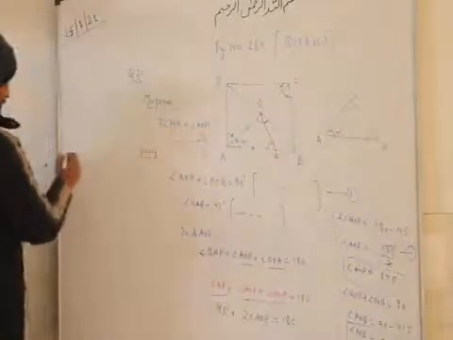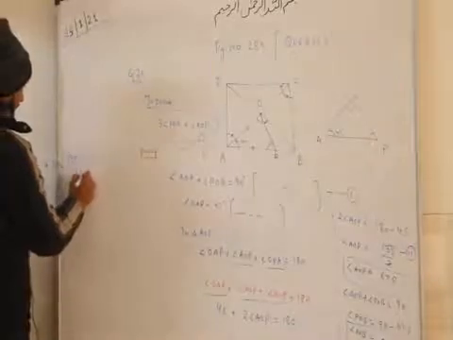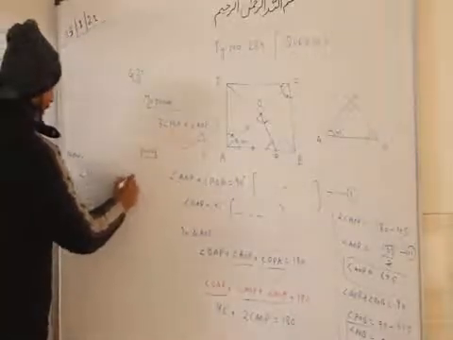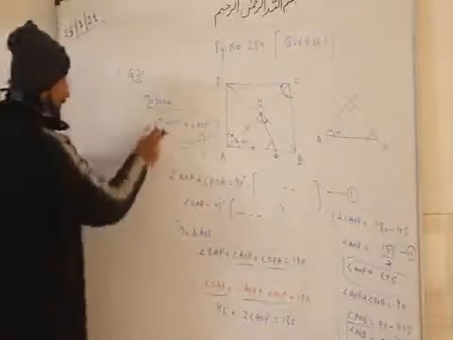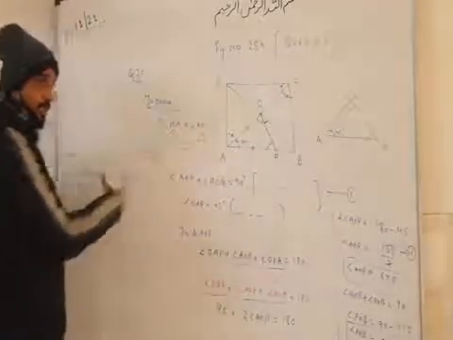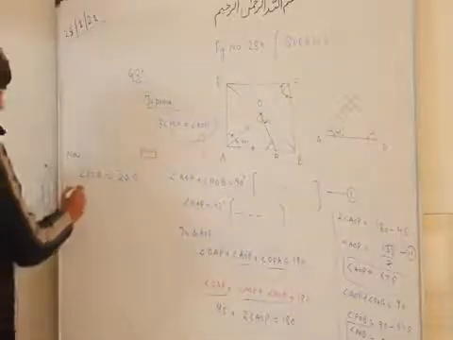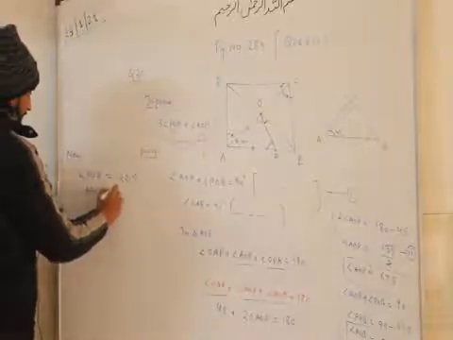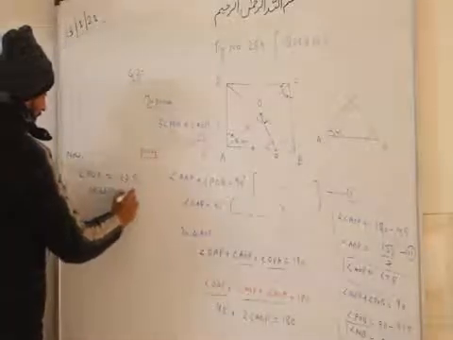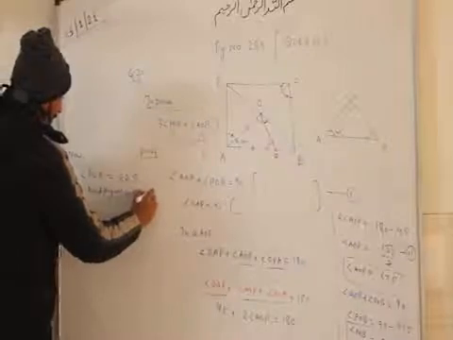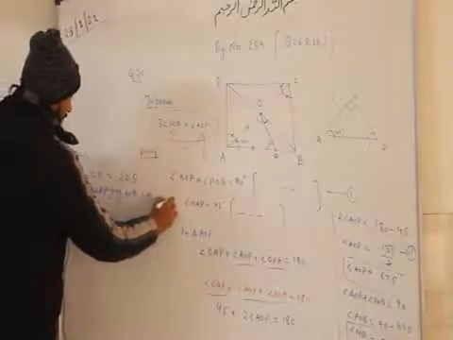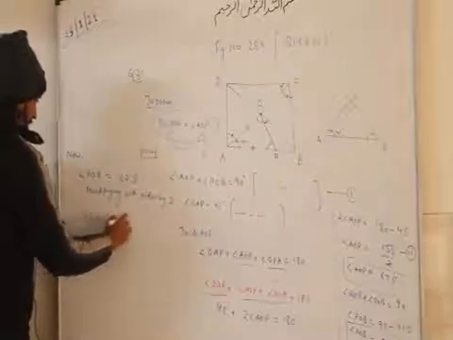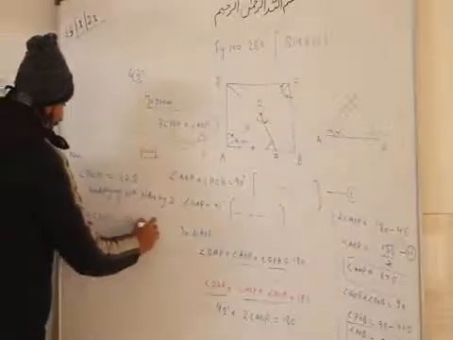So now we can write like this: angle POB is equal to 22.5. We need 3 on the LHS, so we can multiply both sides by 3. So multiplying both sides by 3, this will be 3 times POB is equal to 3 times 22.5.